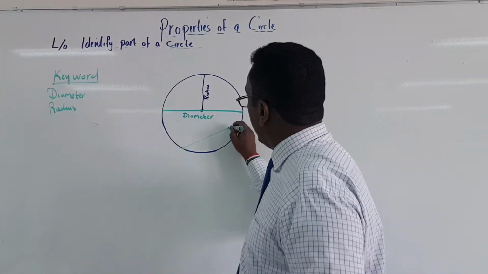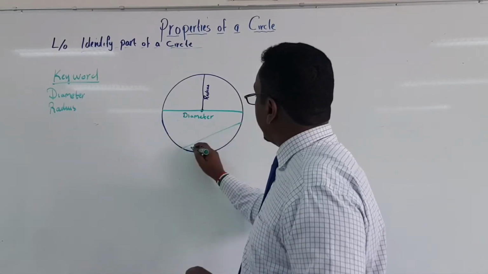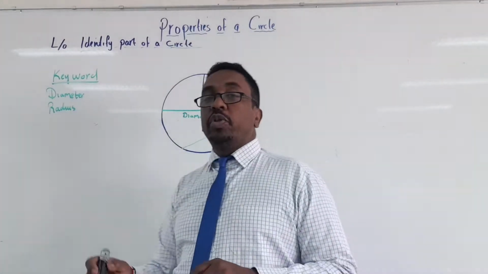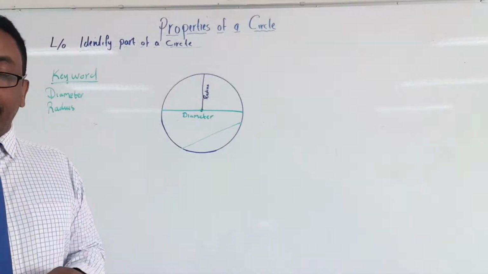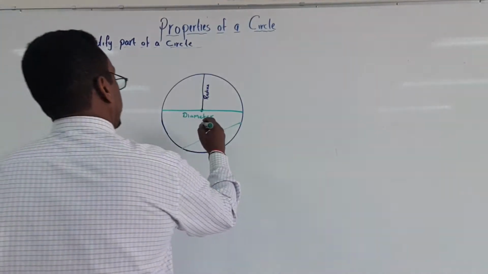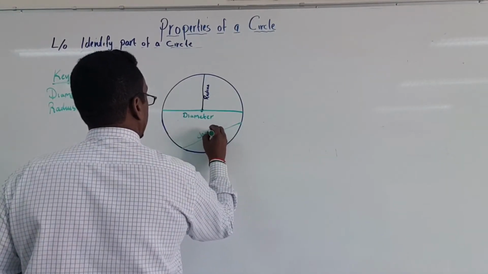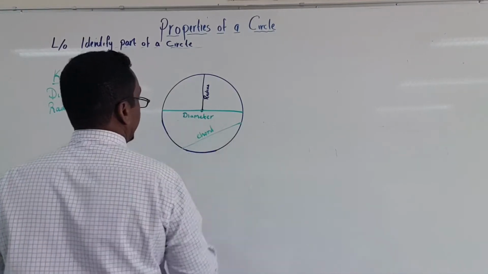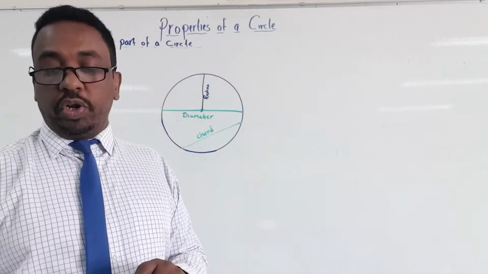So this line goes all the way from one side to another side without going through the center. So this one we call the chord. Okay? Chord. C-H-O-R-D. We call it the chord.